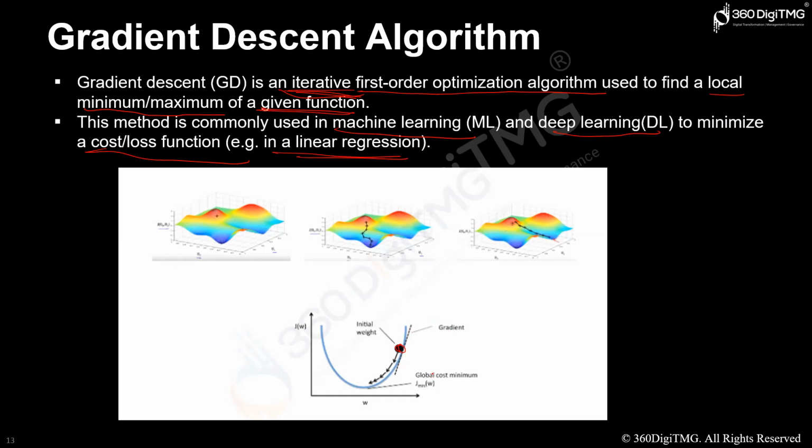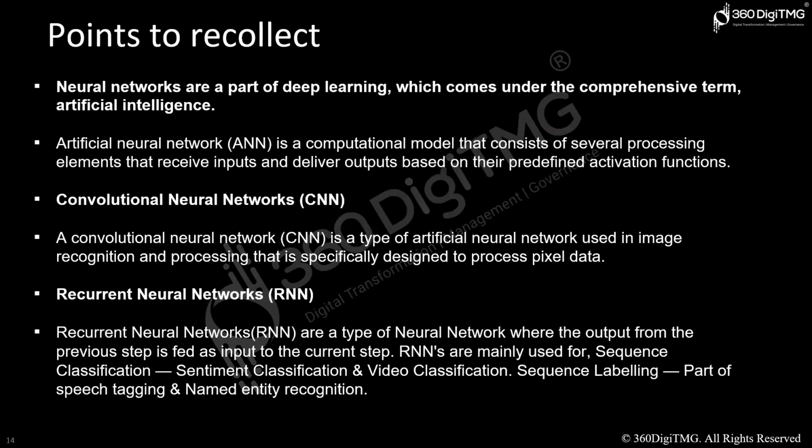And then we also have the global cost minimum. So this is about the gradient descent algorithm and how it works. So here are some points to remember.